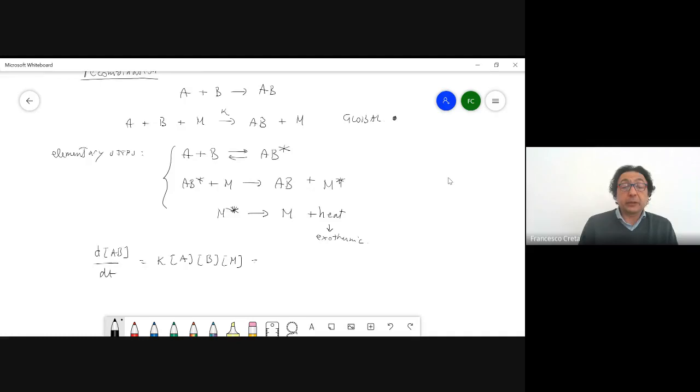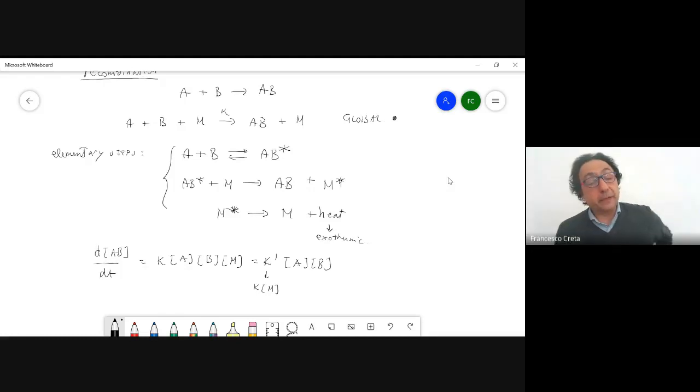But again, I can write down K prime, which is K times the third body, M. So again, this process here can behave as bimolecular if K prime does not depend on pressure, okay? So K prime becomes constant with pressure, or if it is proportional to the concentration of M and therefore is pressure dependent, it will be trimolecular, because clearly the sum of the exponents of the concentrations is 1 plus 1 plus 1, okay?